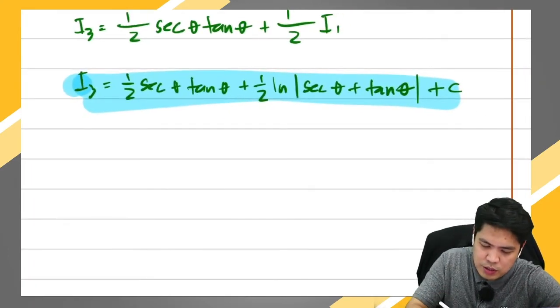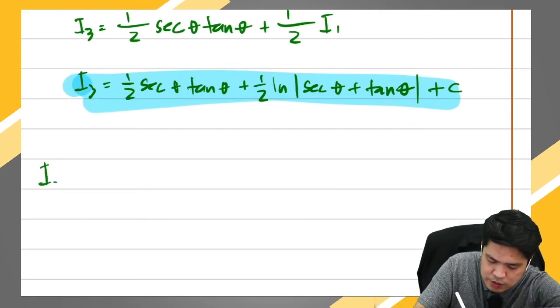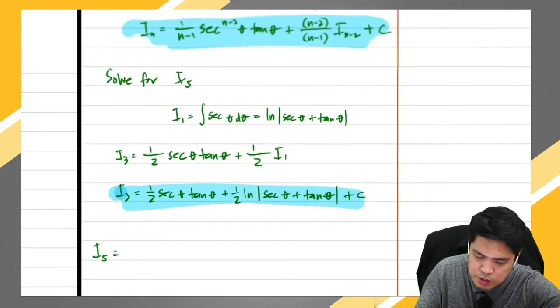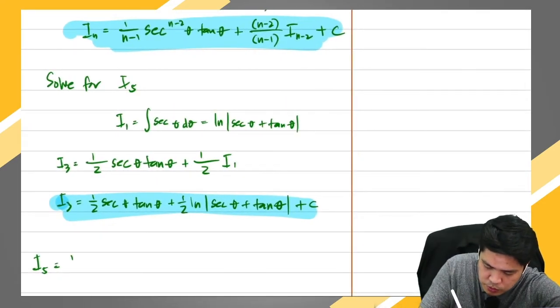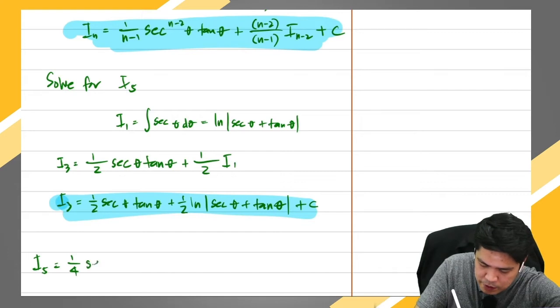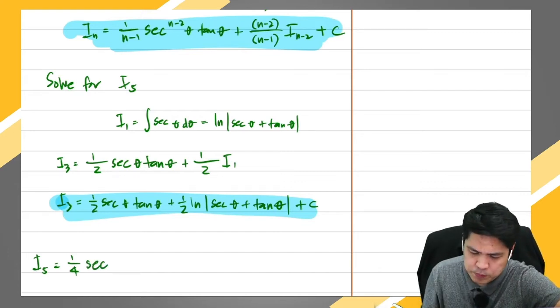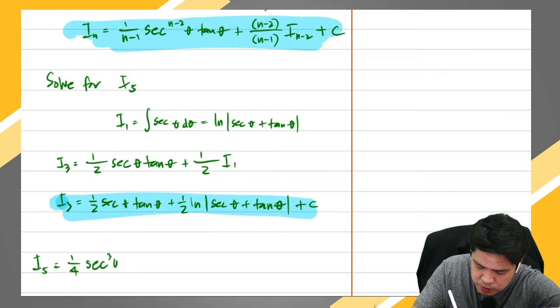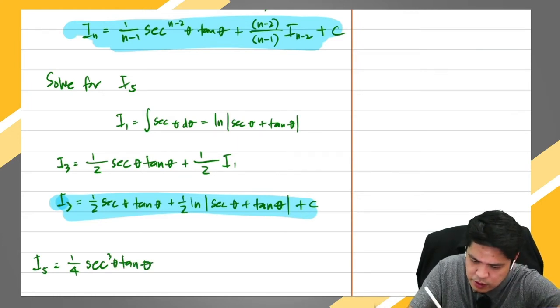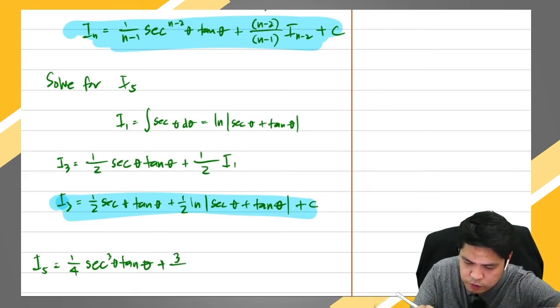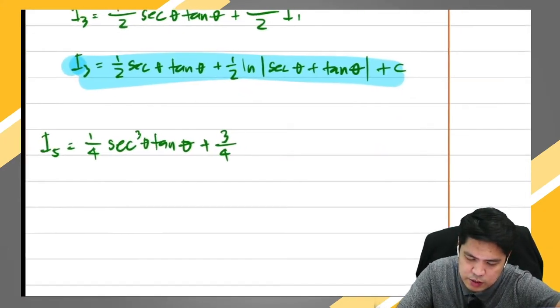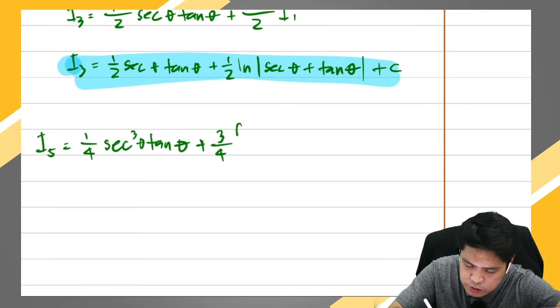From here, we can now solve for I sub 5. Going back to the reduction formula, we'll have 1 over 5 minus 1, so 1 over 4, then secant, sorry, 5 minus 2, so secant cube theta tangent theta plus 5 minus 2, 3 over 5 minus 1, 4, times I sub 3.